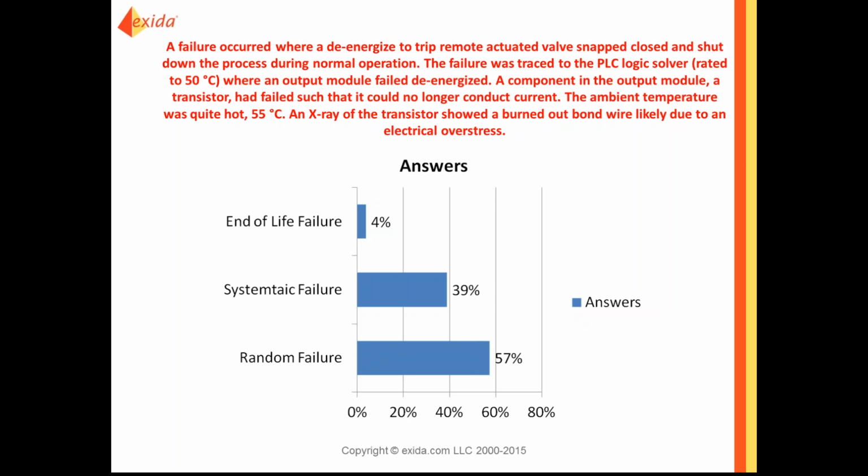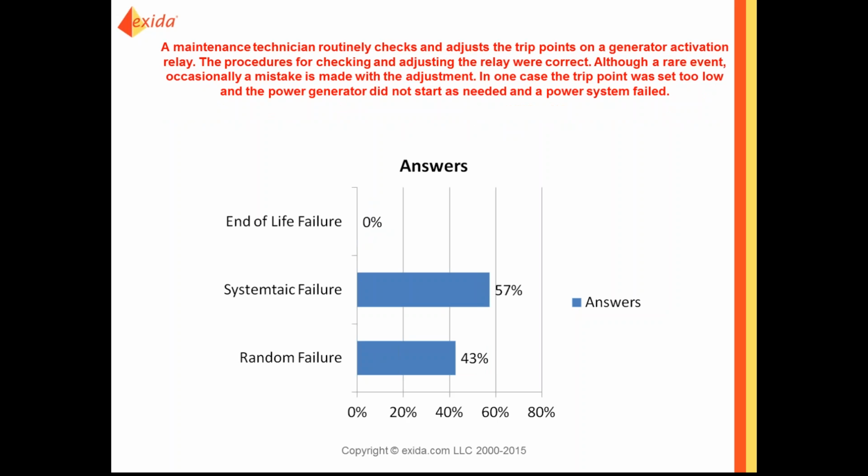In another case, a technician who checks and adjusts trip points made an error. He set the trip point too low on a power system, and when power was lost, the generator didn't come online. Most people said that was systematic, although still a pretty good proportion said it was random. Now, in this case, the procedure was correct, so there wasn't a mistake in the procedure.